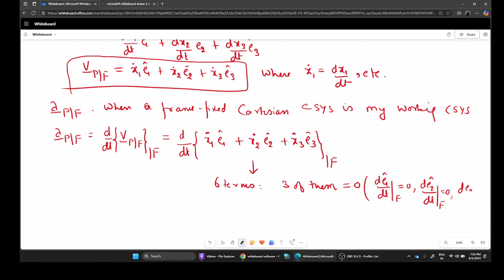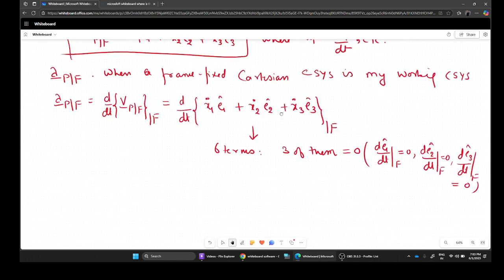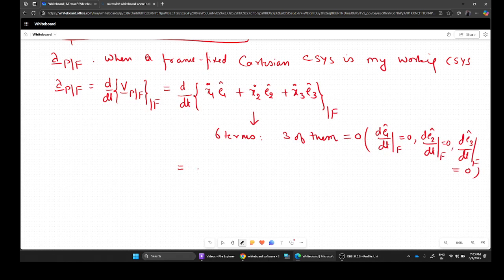These 3 terms will be 0, and thus one can arrive at the expression for APF.